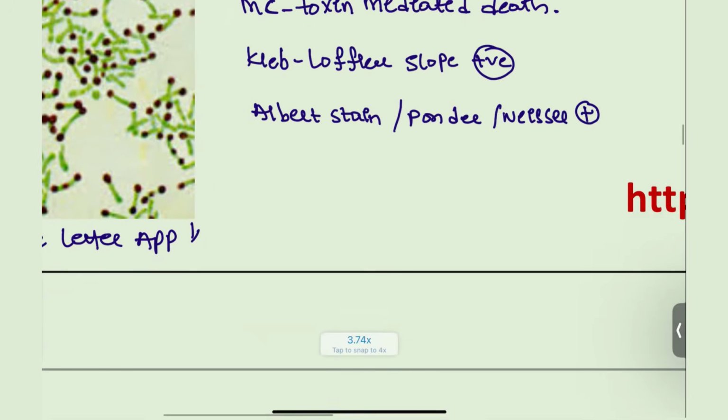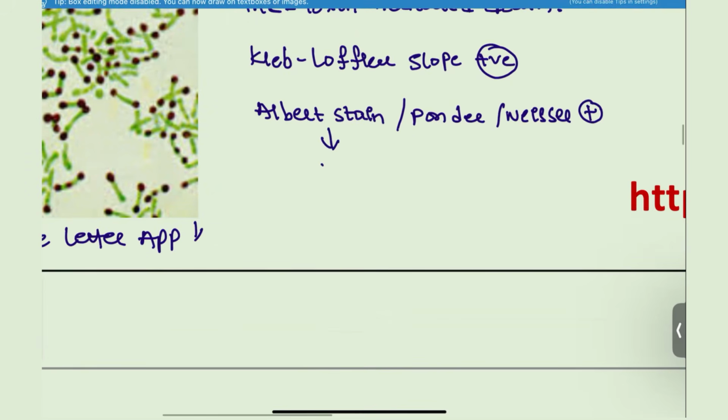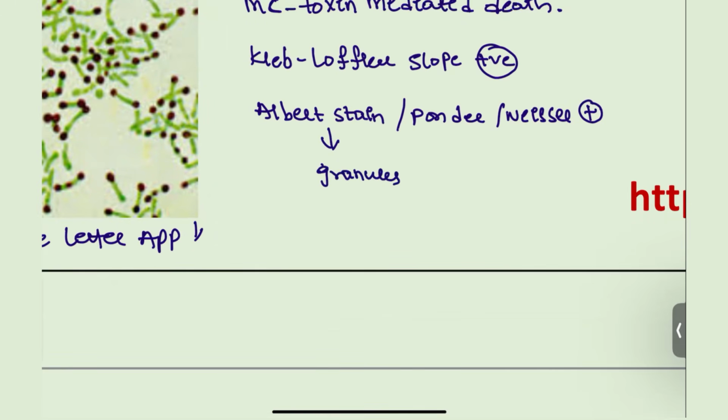And what they are going to show in the positivity, they are going to show the positivity of the granules or the polar bodies in Corynebacterium diphtheriae.